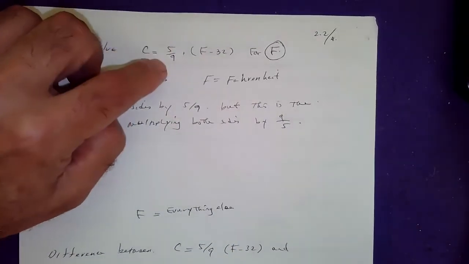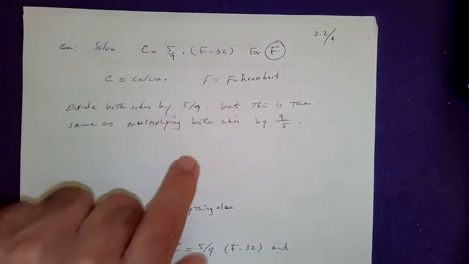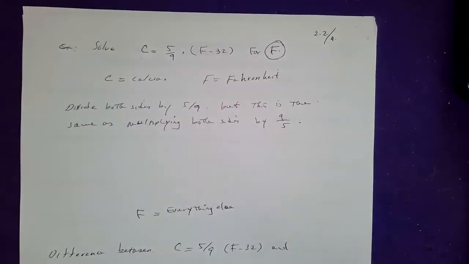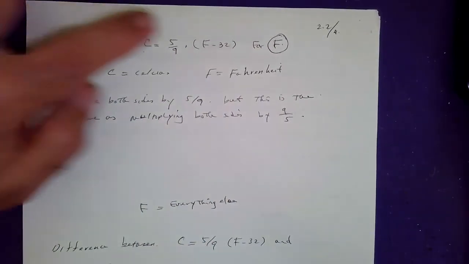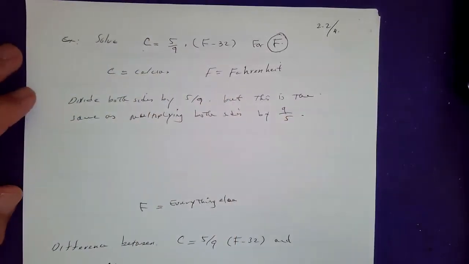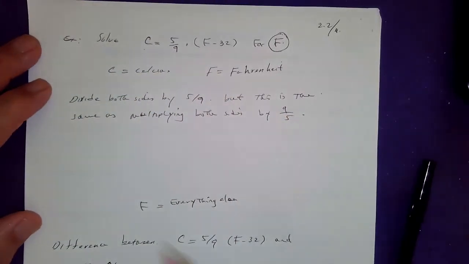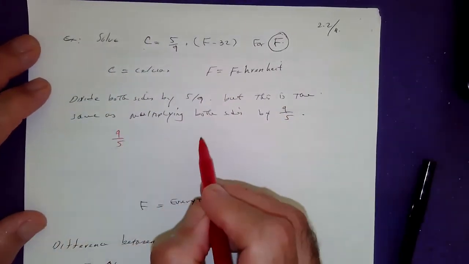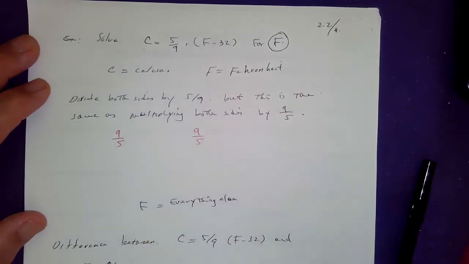To say divide both sides by 5 over 9 is just like saying multiply both sides by the reciprocal, which is flip the fraction and then multiply as opposed to divide. So I'm going to multiply both sides by the flip version of 5 over 9.